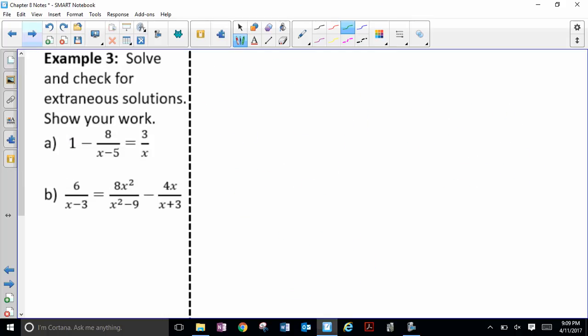All right, last type of problem looks like example 3, part A. We rewrite it, so 1 minus 8 over x minus 5. And if your denominators look a little complicated, like the second one does here on part B, then make sure you factor, because then that'll just make it easier when you're doing LCD.